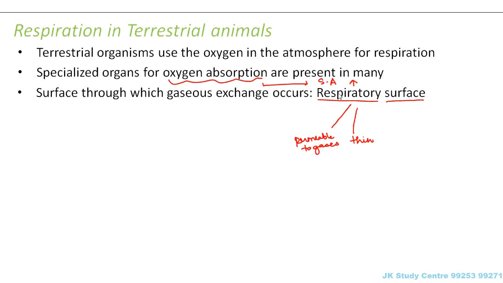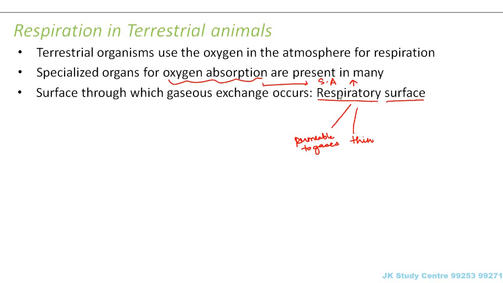Now again, for exchange of gases, this organ has to be in contact with air. As I said, we are taking in oxygen which is present in the atmosphere. Lungs are the organs which are used for absorption of oxygen, so lungs should be in contact with air, but at the same time, since exchange of gases takes place through lungs, they are delicate organs and should be well protected inside the body.